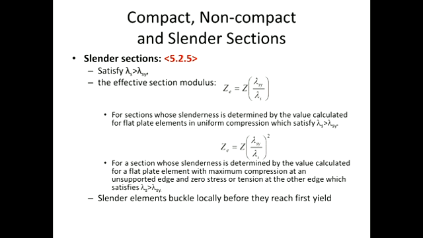And if we look at slender sections, so if our values of lambda S are greater than lambda Sy, then we have to look at these two possibilities. One of the possibilities is based on flat plate elements which are in uniform compression.